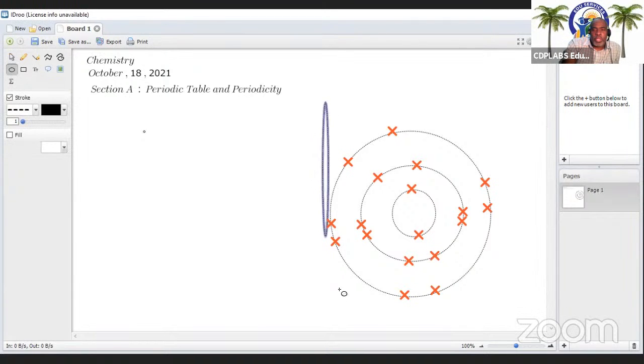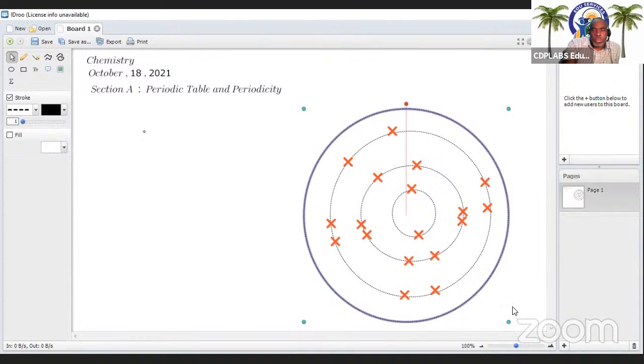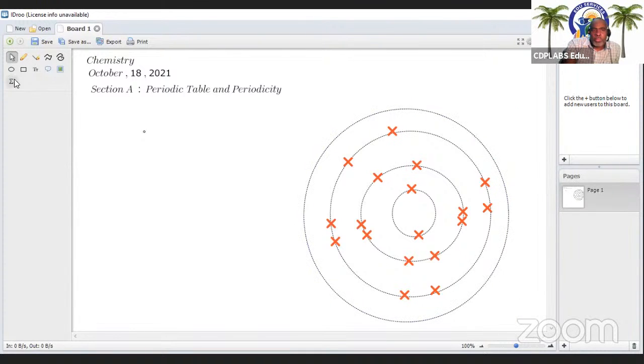And a question: why did I draw another shell and not use the third shell?